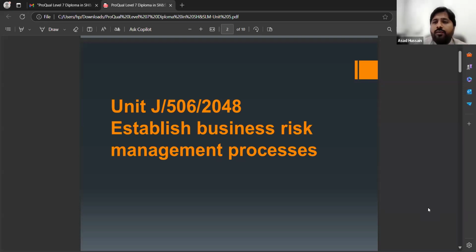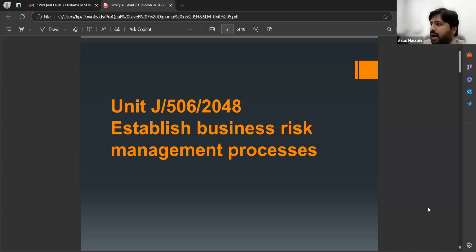Then we will move forward to the completion of the qualification by completing all the units. In this unit, you have 3 learning outcomes and 16 assessment criteria. The first 7 criteria are in learning outcome 1, the next 5 assessment criteria are in learning outcome 2, and the last 4 assessment criteria are in learning outcome 3.